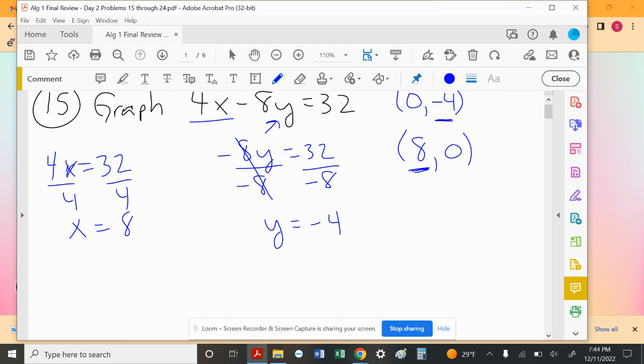If I'm graphing it, (0, negative 4) would be down here. 1, 2, 3, 4. 1, 2, 3, 4, 5, 6, 7, 8. So all I have to do then is find the graph that has the 2 points there and has a line drawn through it. So it would look like that.